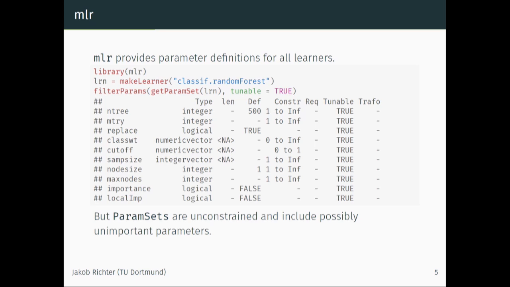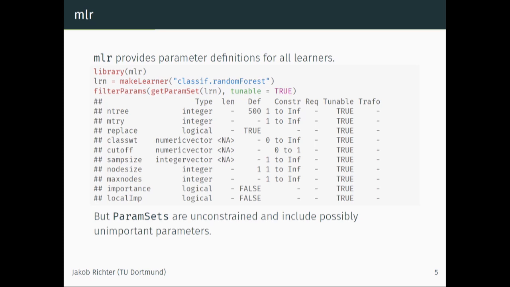Also, you see that this set is really big, and even though all these parameters may have an effect on the performance, they might not be really worth tuning over, especially as the more parameters you tune, the more complicated the tuning gets or the more budget it might take. So you might just want to tune a subset of these parameters.